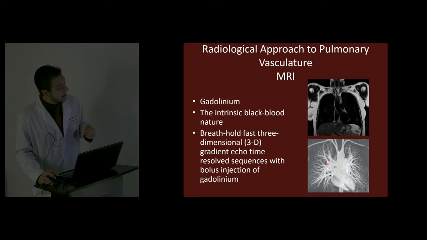Here we can see the pulmonary trunk, the right pulmonary arterial vessel, and some of the pulmonary veins over here with the arrow. These new techniques are really fast. They require ultra-fast scanners and keeping track of the bolus of gadolinium in each time of the pulmonary circuit.